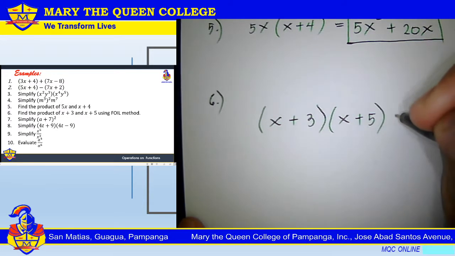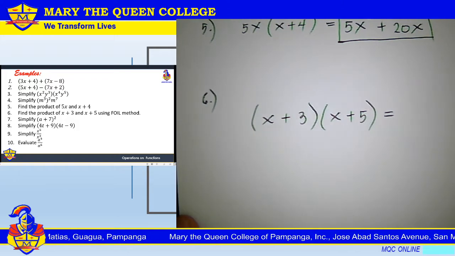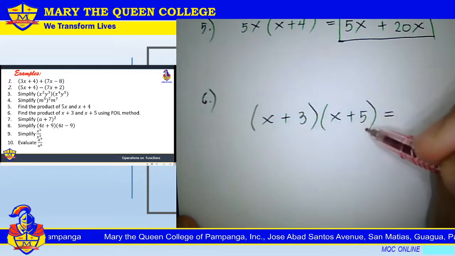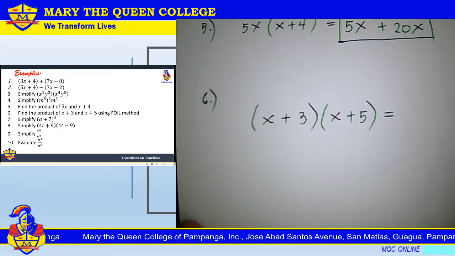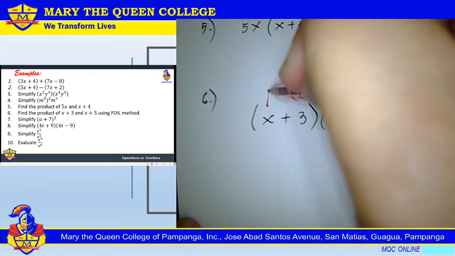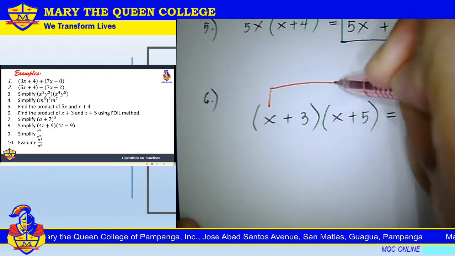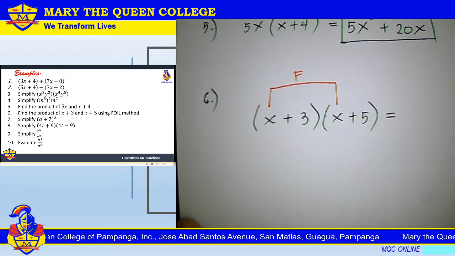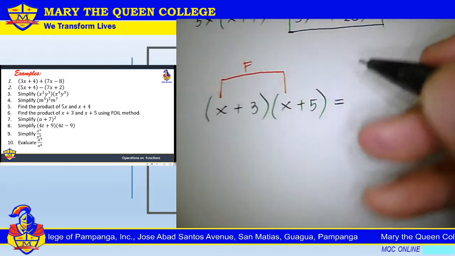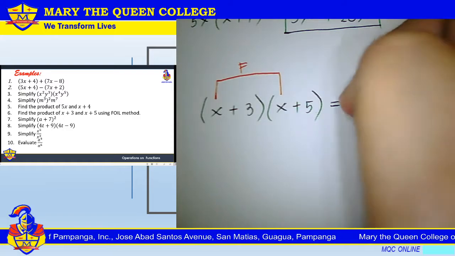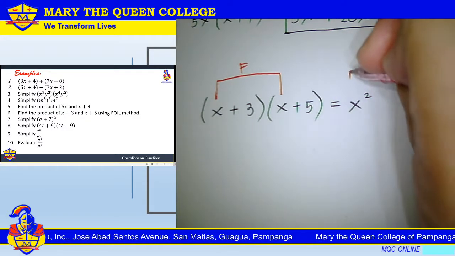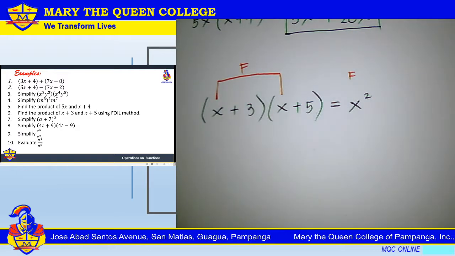How does the FOIL method work? We have the first term and second term of each binomial. Multiply the first term times the first term, that is F. First term times first term, x times x, is x squared.